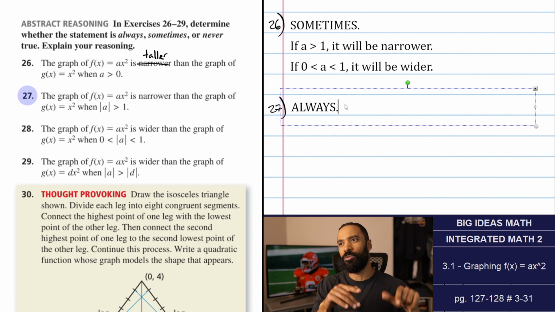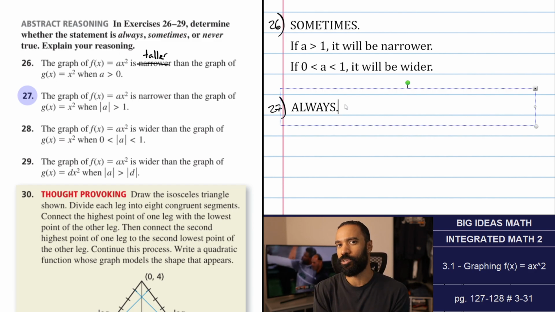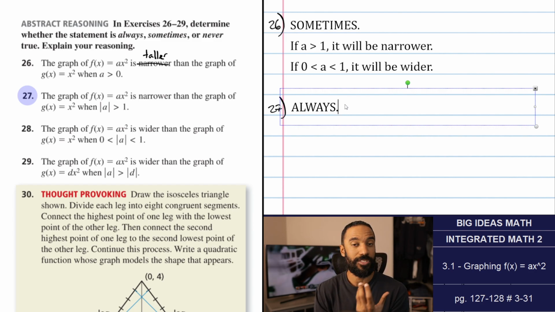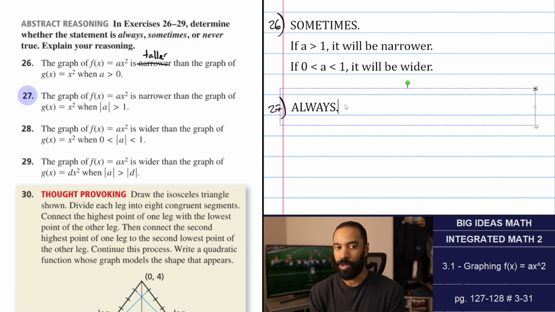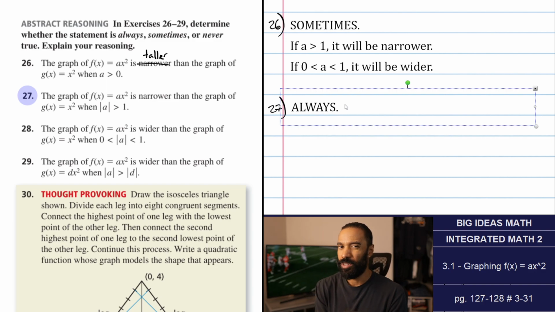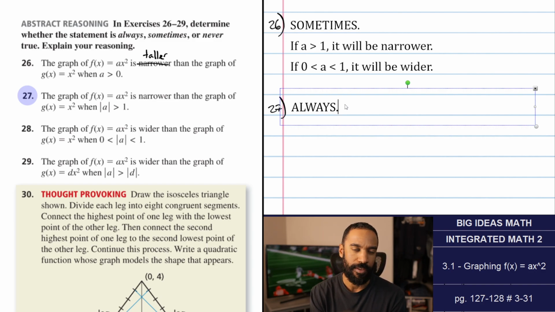That's why whenever I say you go down, but it's still a vertical stretch by a factor of whatever, because it's a larger negative, it still counts. So negative 3 may not be greater than 1, but the absolute value of negative 3 is. Whereas if a was negative 1, the absolute value of that is 1, and that's not more vertically stretched, and that's not what we're looking at.